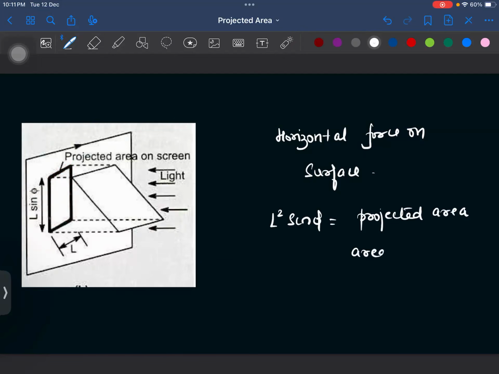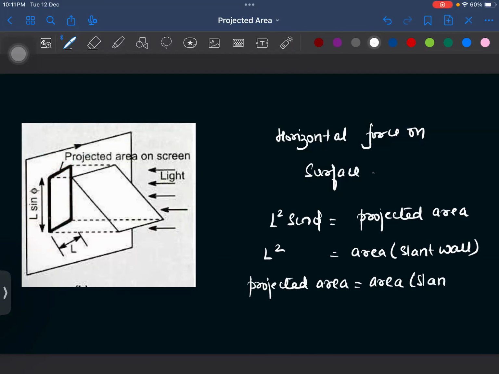And what is the area of the slant wall? It is simply L square. We can see that the projected area is the area of the slant wall multiplied by sine phi, kind of resolving the area itself.